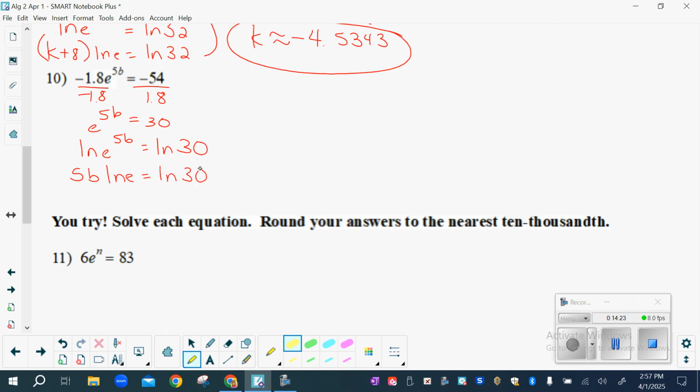And then what would my last step be? 5b equals natural log of 30. So, not by 5, divide by 5. I got you, Cohen. You answered a lot of them. And we get 0.6802. Okay, go ahead and do the U try, please.